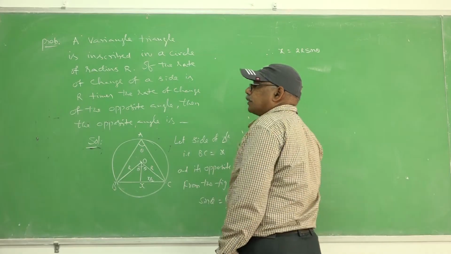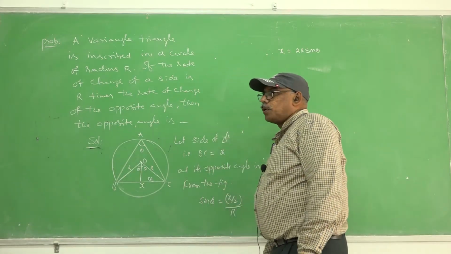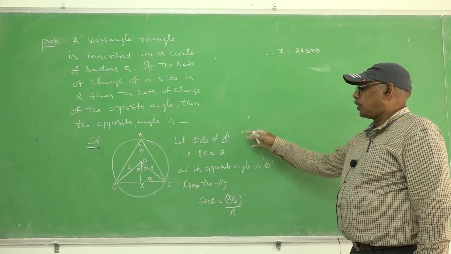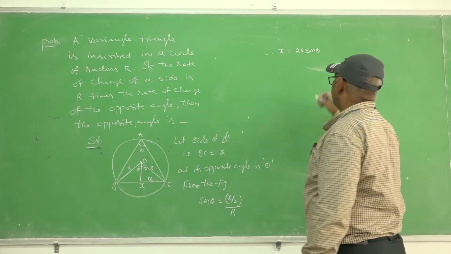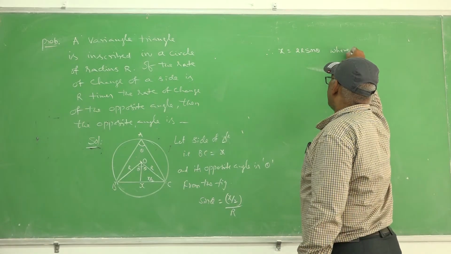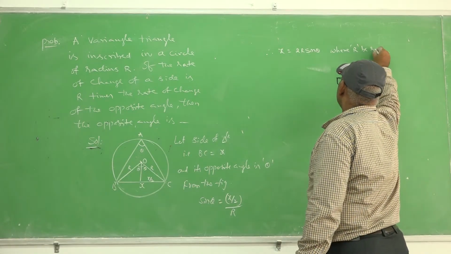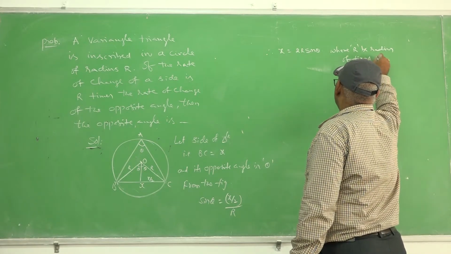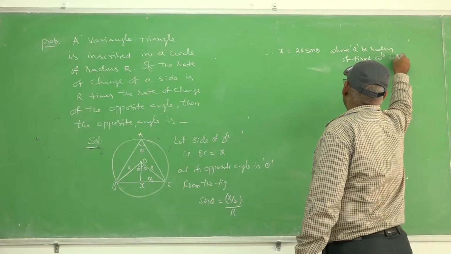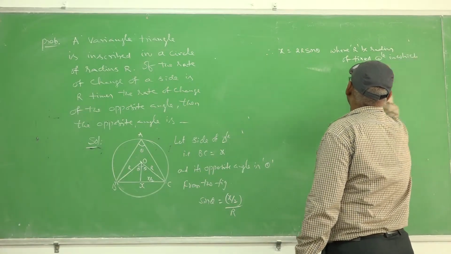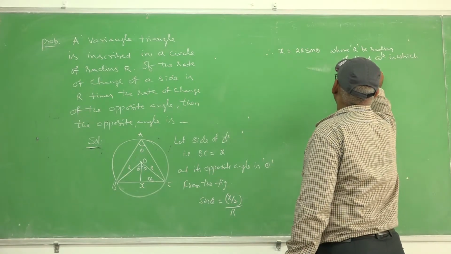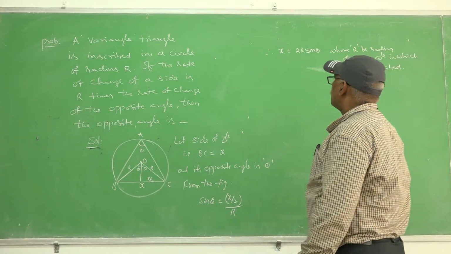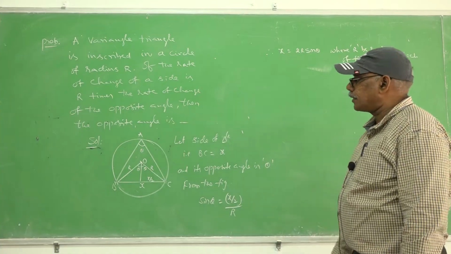The relation between the side and its opposite angle is x equals 2R sine theta, where capital R is the radius of the fixed circle in which the triangle is inscribed.